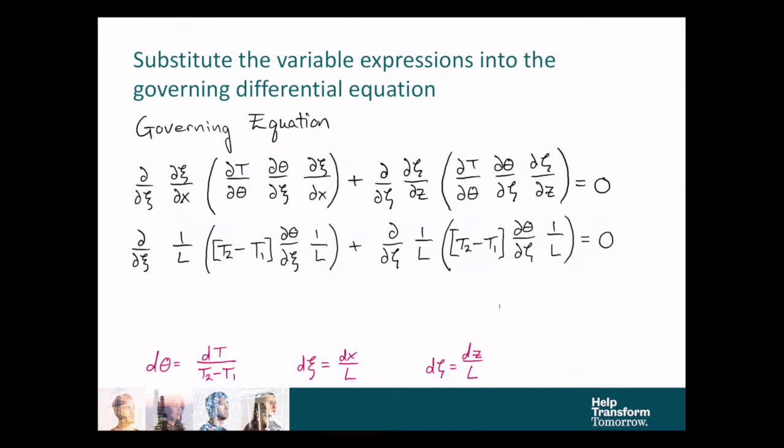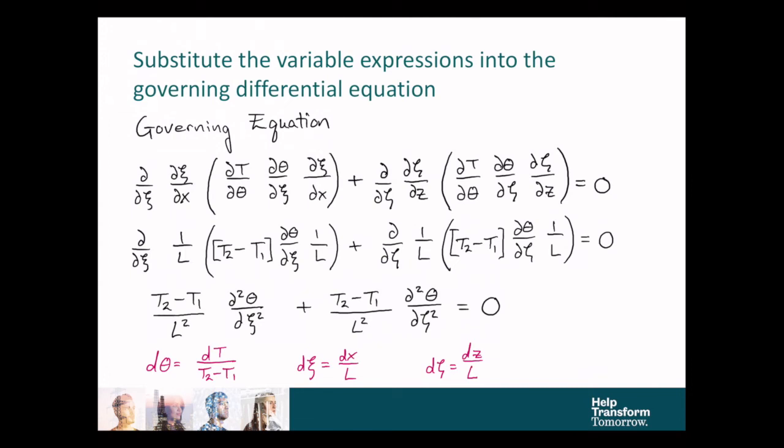Then we come over to the z term, and we substitute in d zeta dz, which is 1 over L. We substitute that in both places that appears, and our dt d theta is the same as it was for the x term. So it's a little bit of algebraic mess, but it is quite simple.